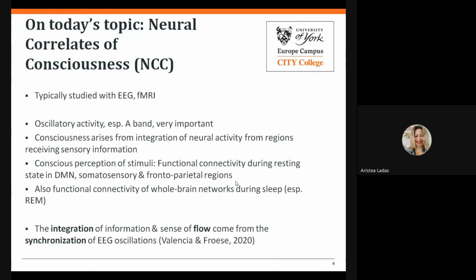What we should pay attention to is that it is the integration of information and the sense of flow that come from the synchronization of EEG oscillations. So these highlighted words play an enormous importance in defining and investigating consciousness.